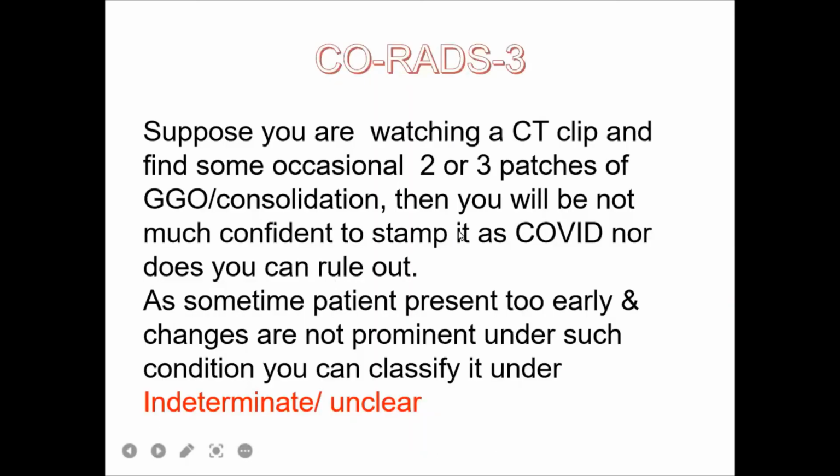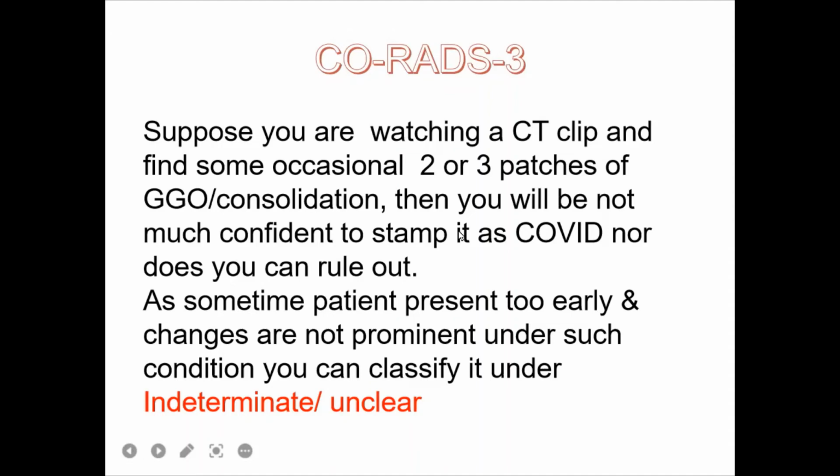Now let us discuss CO-RADS 3. CO-RADS 3 means indeterminate or unclear, where the radiologist is not sure whether to classify the particular CT under COVID or rule out COVID. This usually happens when the patient presents early, within 5 or 6 days, and the CT changes are not that prominent, but he is able to see some opacity like a consolidated patch or occasionally 2 or 3 GGOs, and in that case the disease could be in a progressive state.